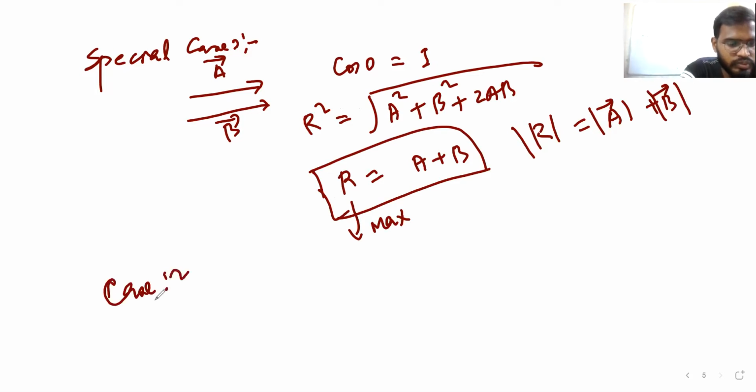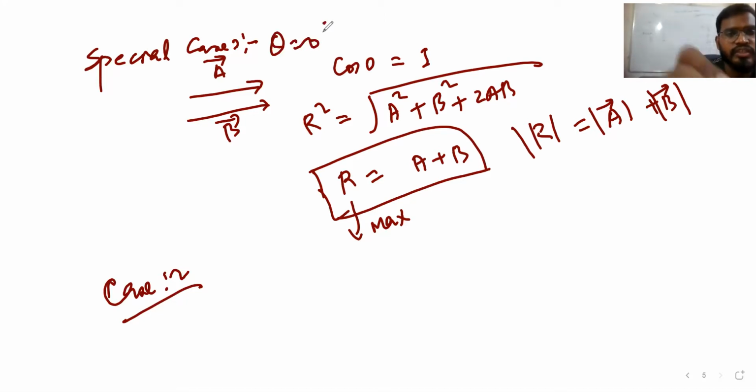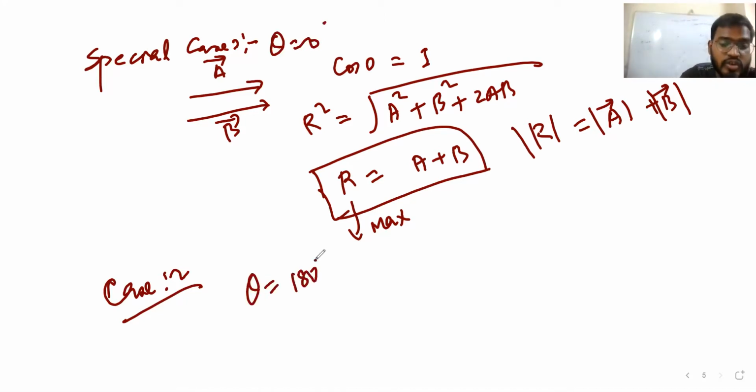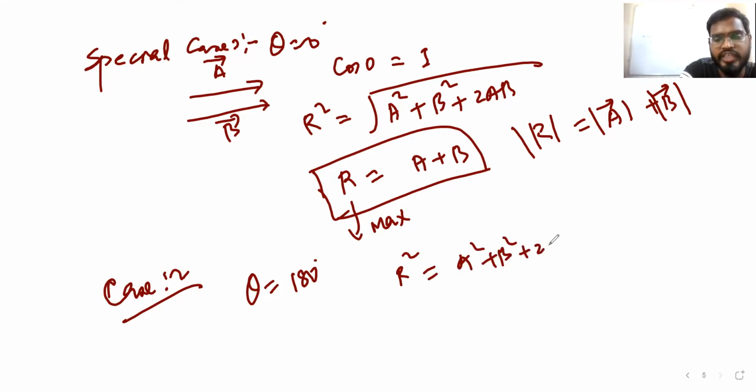Now case 2, theta is 180 degree. Here theta was 0 degree, now theta is 180 degree. Cos 180 is minus 1. Let's see. R square is equal to a square plus b square plus 2a into b cos 180 degree, root under of that.